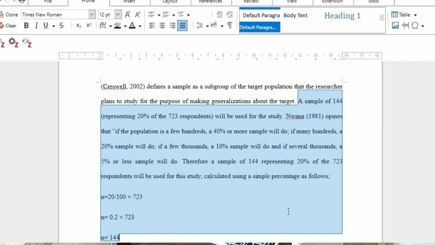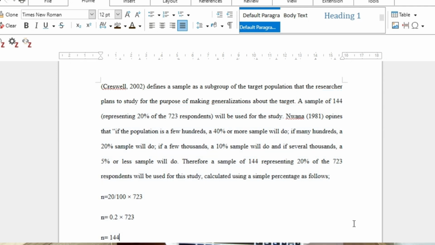Therefore, a sample size of 144 representing 20% of 723 respondents will be used for this study, and it is calculated using a simple percentage as follows. N is equal to 20 divided by 100 times 724.